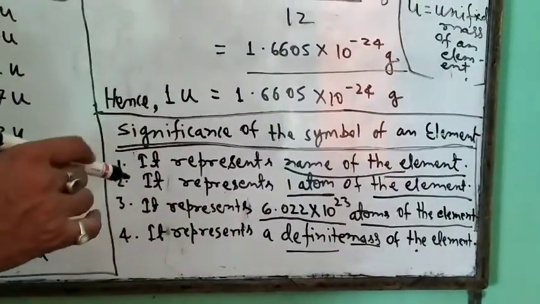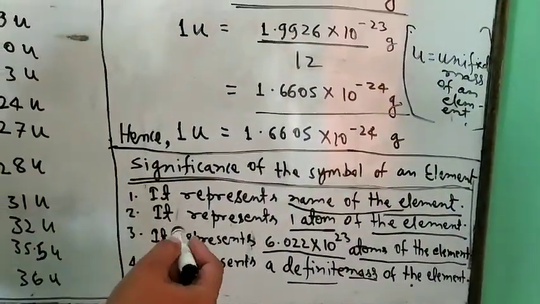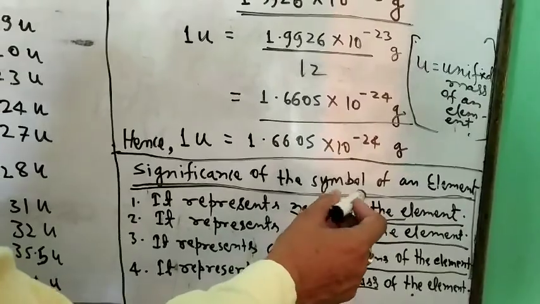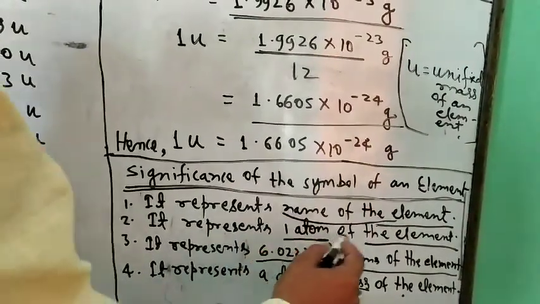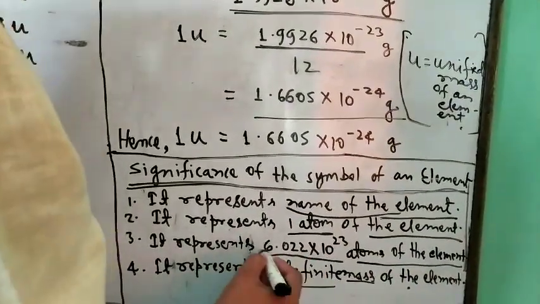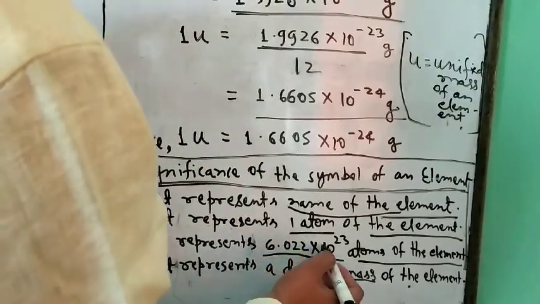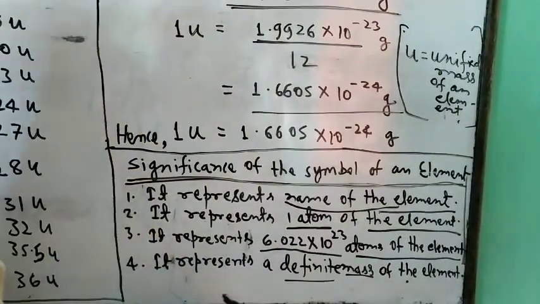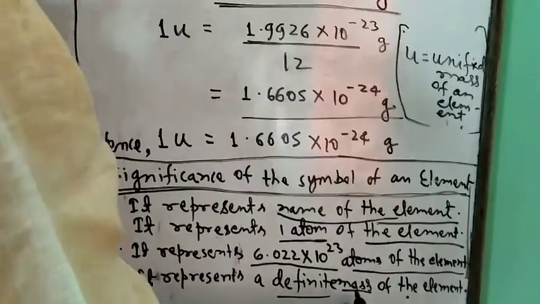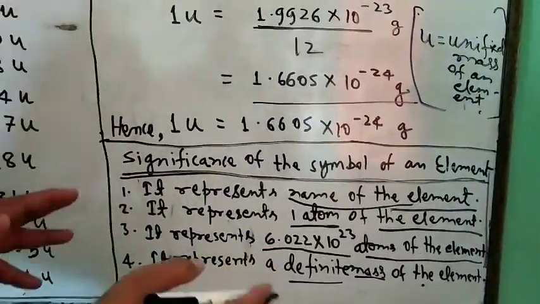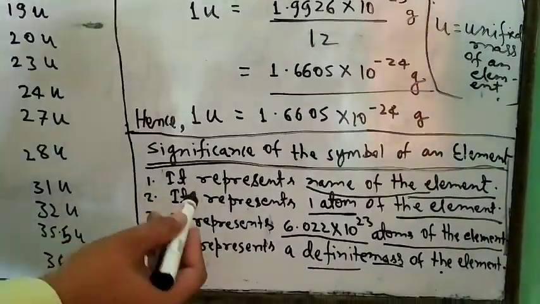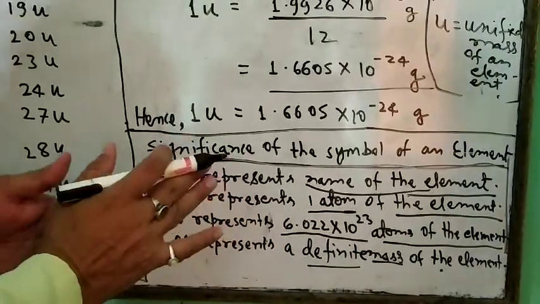So the symbol is very important: it represents the name of the element, one atom of the element, 1 mole, that is 6.022 times 10 to the power 23 atoms, and the definite mass of the element. So chemical symbols of elements are very important.